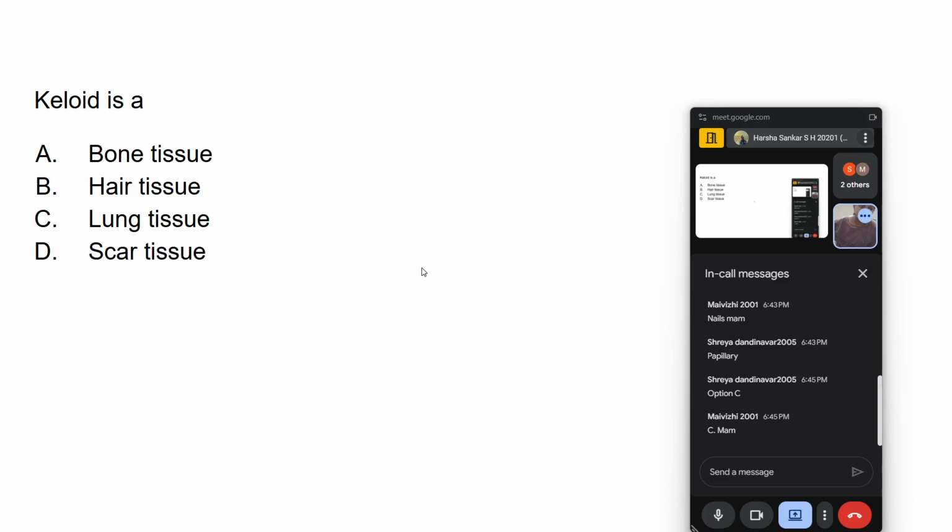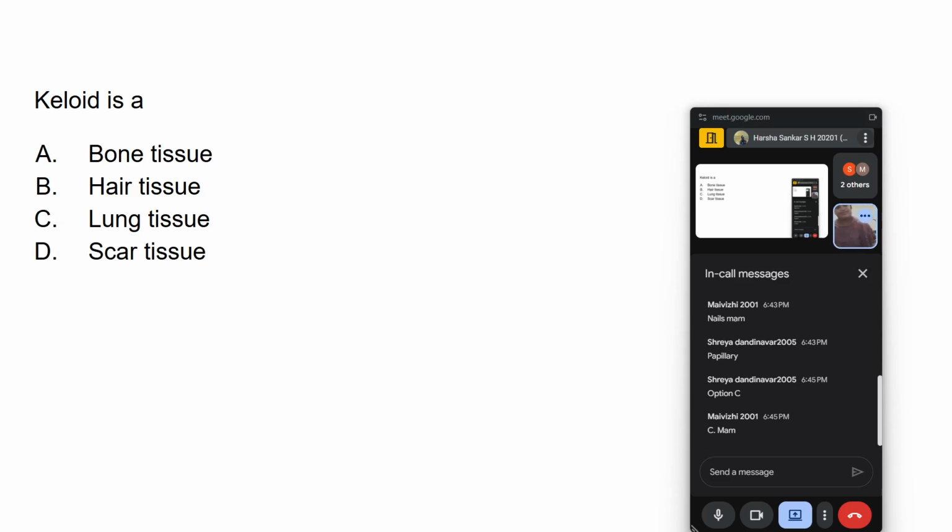Keloid is a dash. Have you heard about keloid? I think we discussed keloid in one of the assignment questions at that time. Is it a bone tissue, a hair tissue, a lung tissue, or a scar tissue? That is the question.